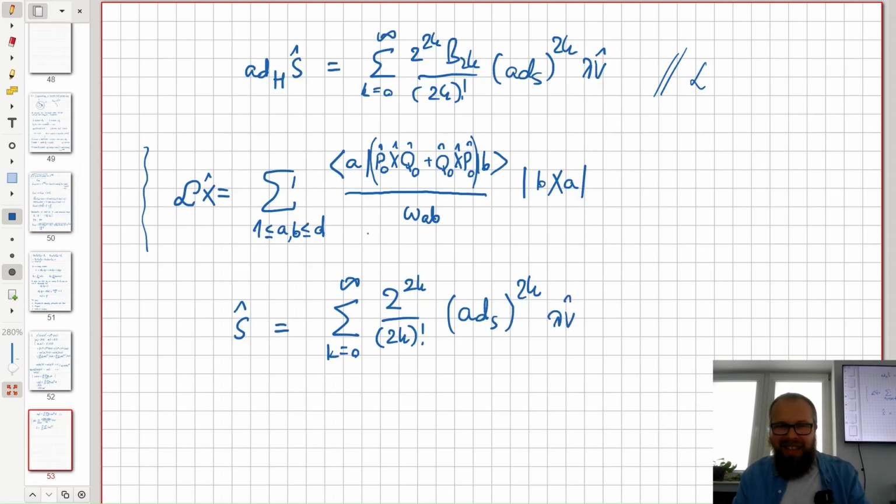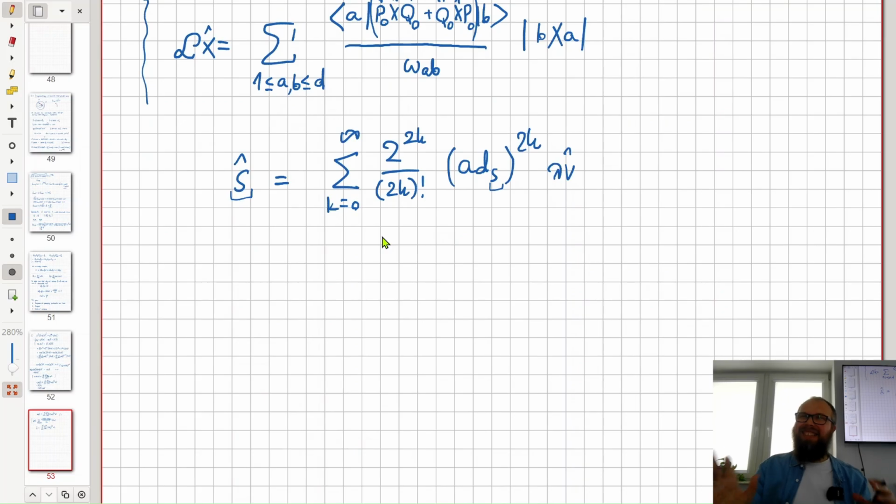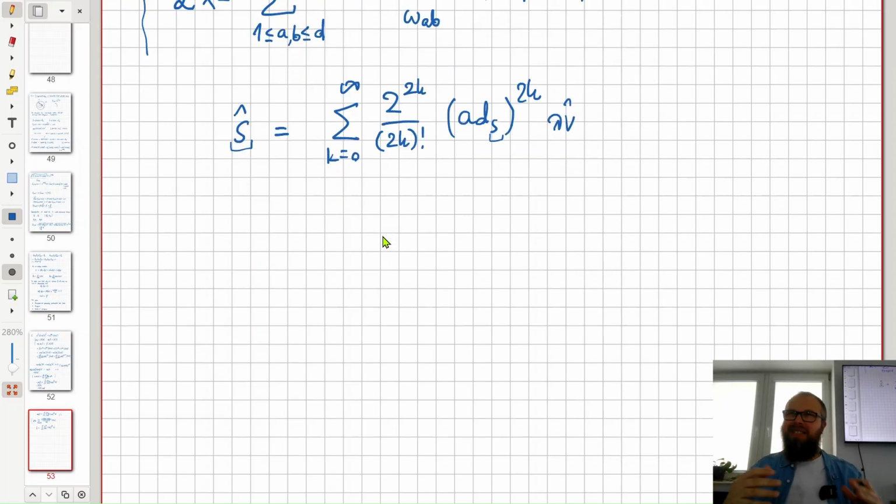However, you see, S is here, but S is also here. You have nested commutators with S. So it's not that simple. It's a whole thing. So we cannot avoid going through the motions of perturbation theory here. It's not the solution of this equation yet.